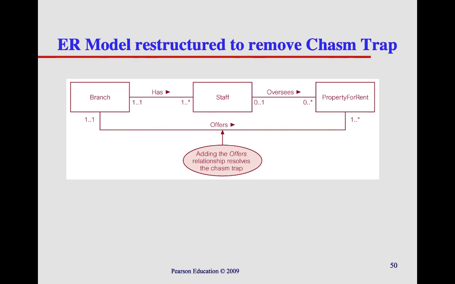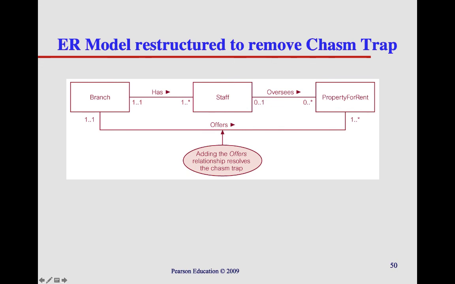So the problem with chasm traps is they're not as easily fixed as fan traps. And a better way to fix a chasm trap is generally to ask if we can use a default value, thus changing the 0 to a 1.